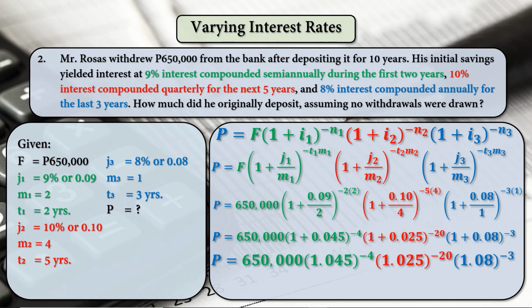Then adding the values inside the parentheses, 1 plus 0.045 is 1.045. This value has 1.025, the sum. 1 plus 0.08 is 1.08. And that is equal to 264,058 pesos and 18 centavos.